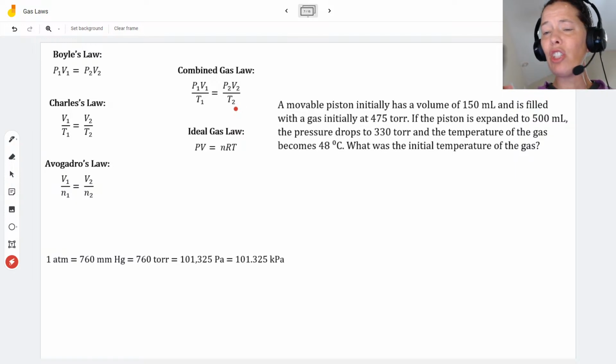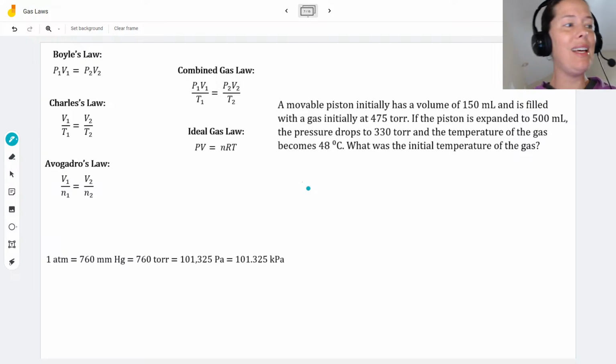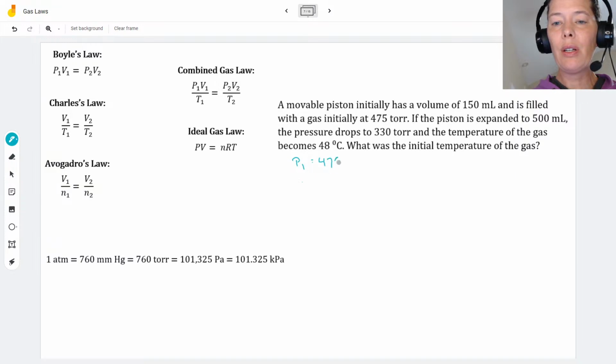All right, just like before, let's write down what we know. We just happen to have a lot more information in this problem. Our initial pressure, filled with gas, is 475 torr. We have an initial volume of 150 milliliters.